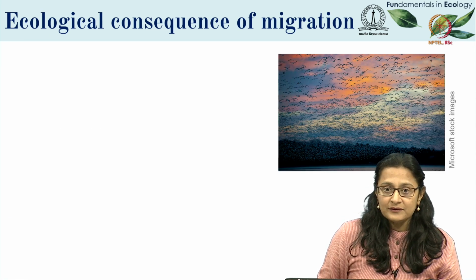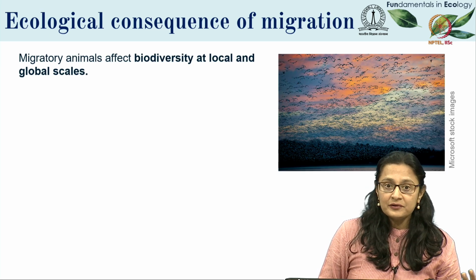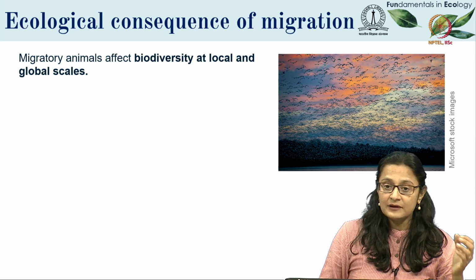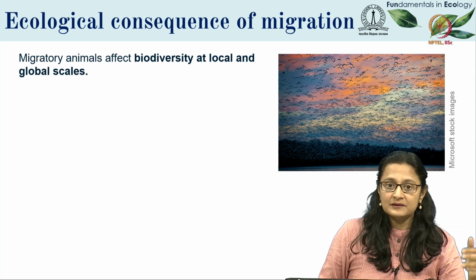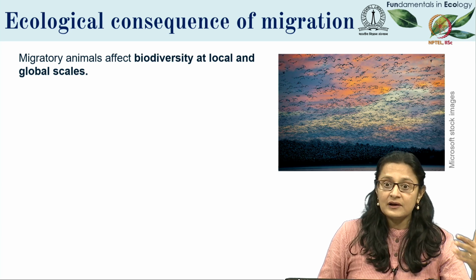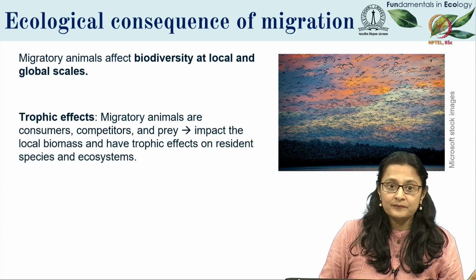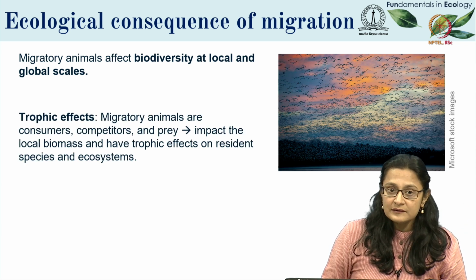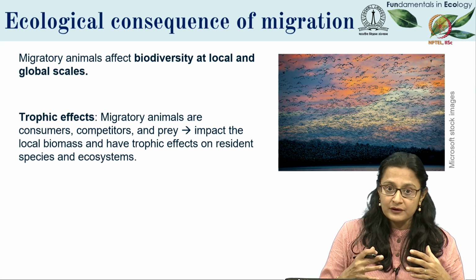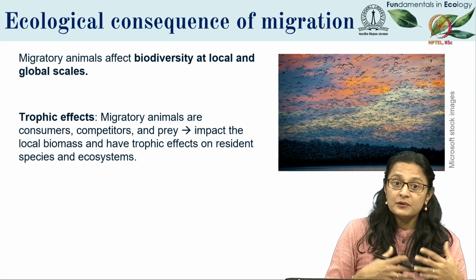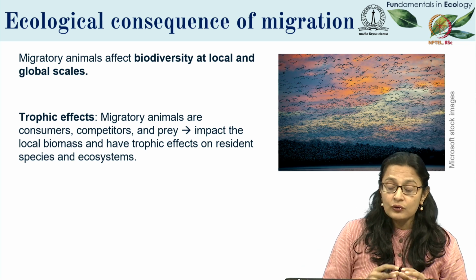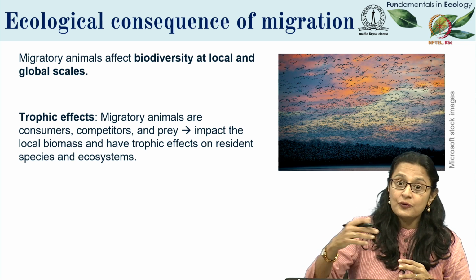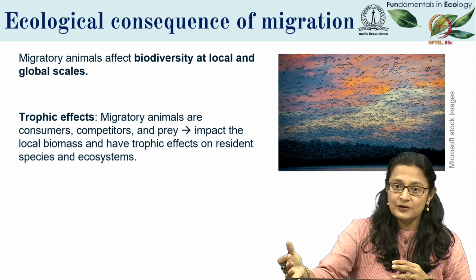Same thing with migration. Migratory animals affect biodiversity at local and global scales, where they are and across the entire space. It can affect things like trophic interactions. So migratory animals, because they're consumers, competitors, and prey, impact local biomass and have trophic effects on resident species and ecosystems.